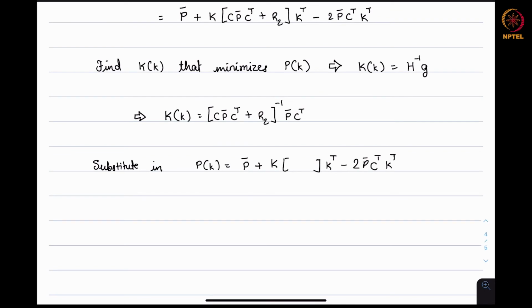The math is fairly straightforward. It's not too difficult. But when you go over this, what you will get is Pk is nothing but I minus Kk C multiplied by P bar k. Okay, so this is the equation that you will get.